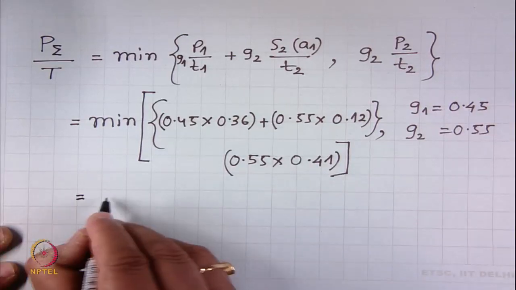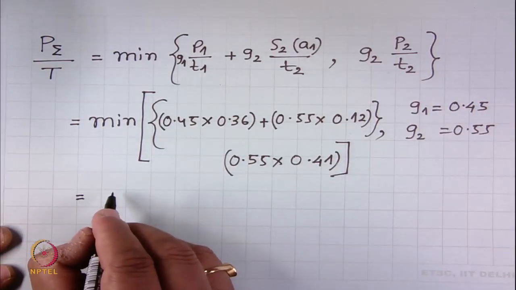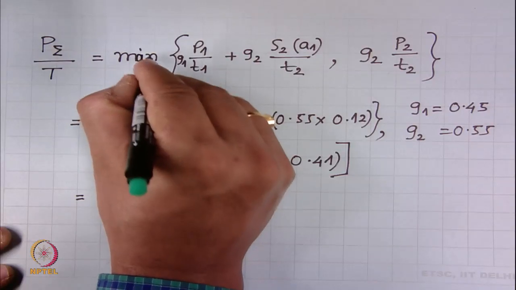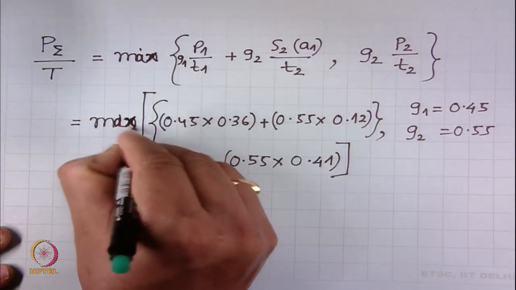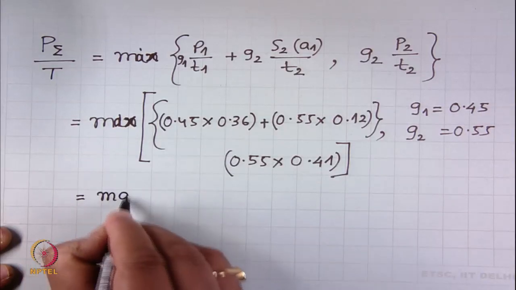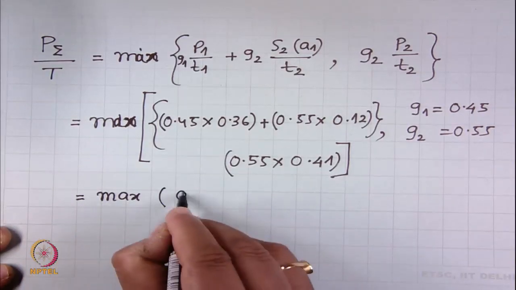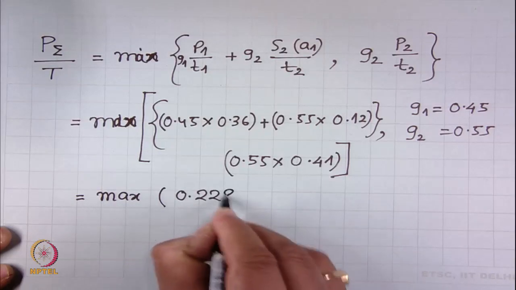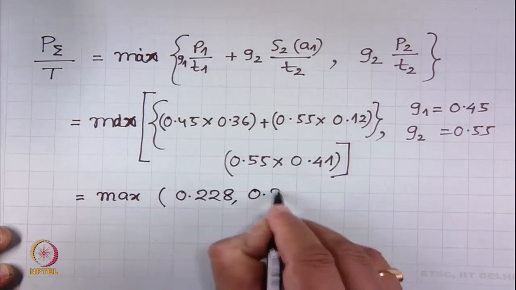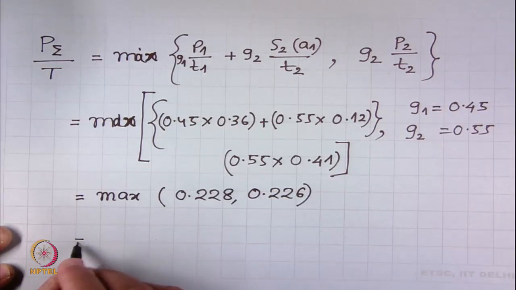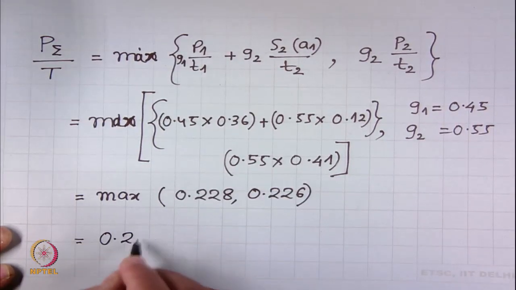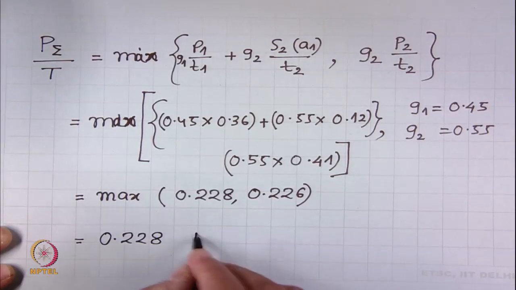So, this is a maximum. Maximum of these two values. These two values will come to 0.228 and 0.226, which will be equal to 0.228 Newton per tex.